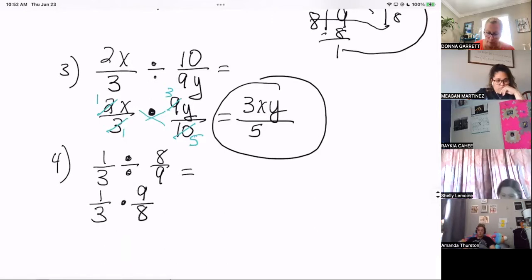Okay, I'm doing it real quick. You don't have to cross simplify, but at the end, you'll get the same answer if you don't, and that would be 3/8. Do you get 3/8?